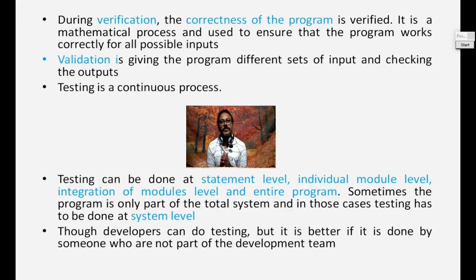So that is ensured by a mathematical process, not by giving input. Validation is giving several sets of input, getting the outputs and ensuring that the outputs are correct. That is validation. Verification is a mathematical process. Validation, which we generally do, is give the input, check the output.